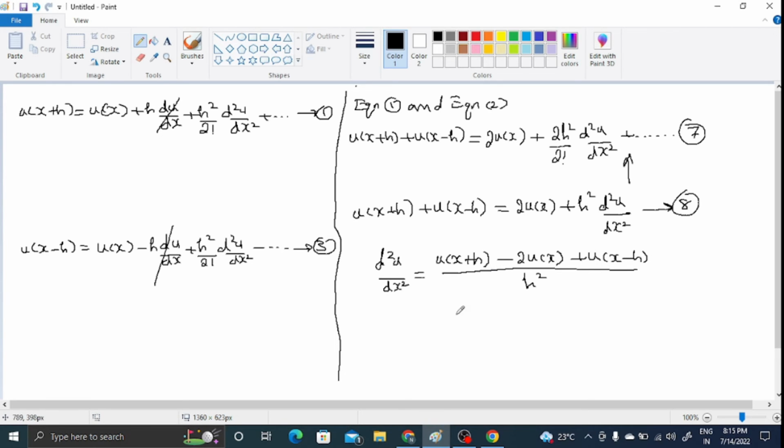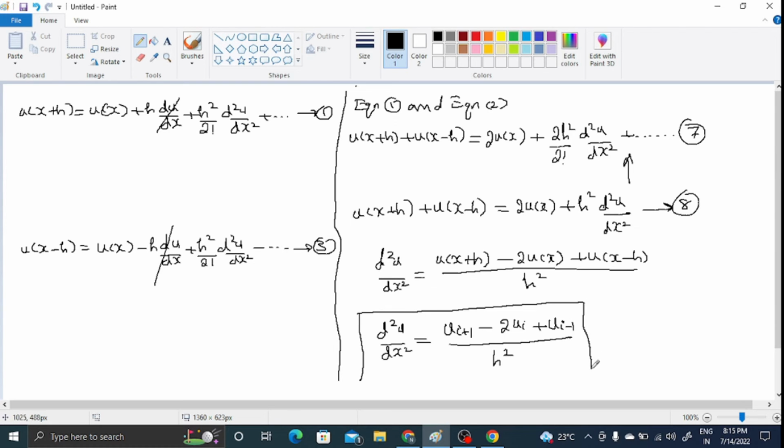So from the data point of view, we can replace this equation as d square u by dx square is equal to u(i+1) minus 2u(i) plus u(i-1) divided by h square. So this one is the finite difference representation of d square u by dx square, or this one is the central difference approximation of d square u by dx square. Okay.